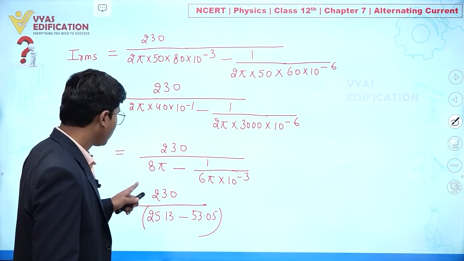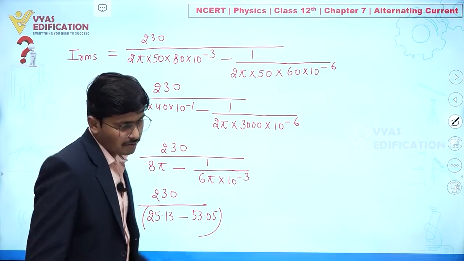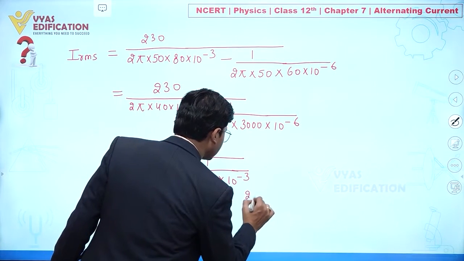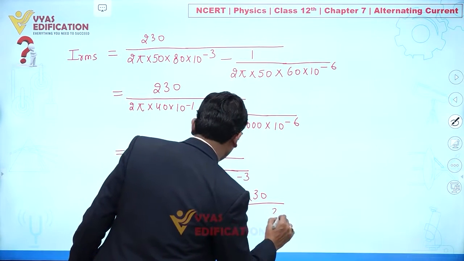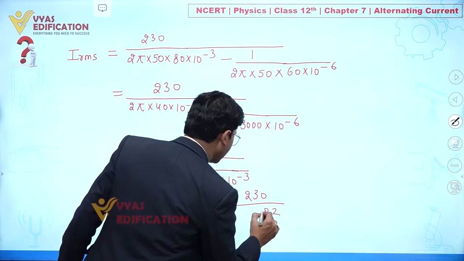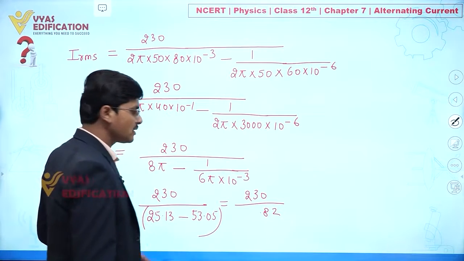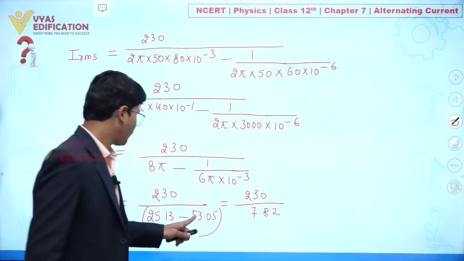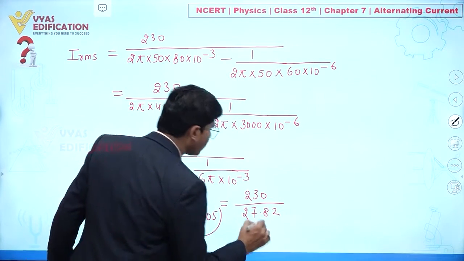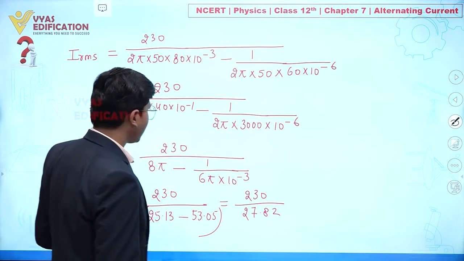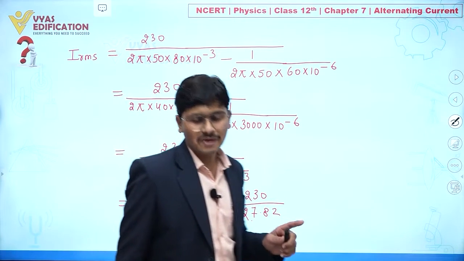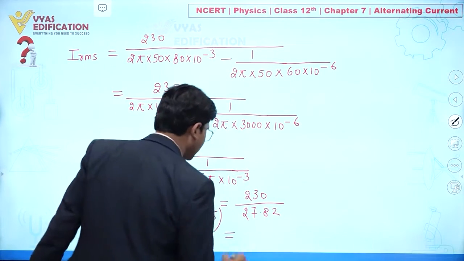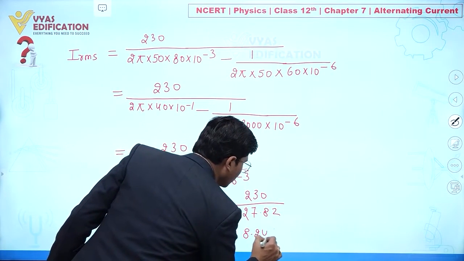If you divide, you will find the value of current in terms of RMS. This value is near about 8.24 ampere.